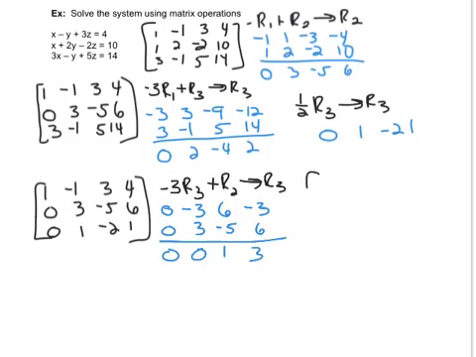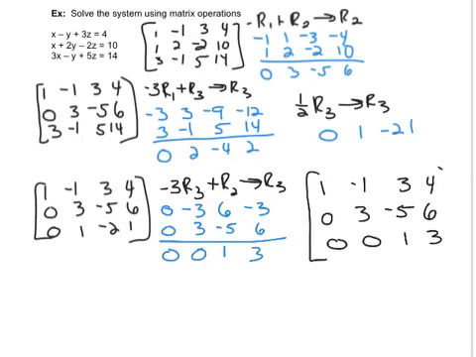So here's my final matrix in triangular form. 1, -1, 3, and 4. 0, 3, -5, and 6. And 0, 0, 1, 3. From that, we can solve the system, because from here I know that z is equal to 3, because remember, when we go all the way up here, the third column is z.